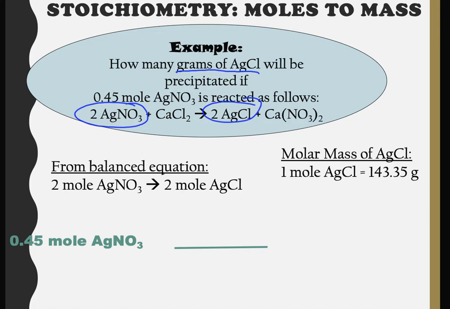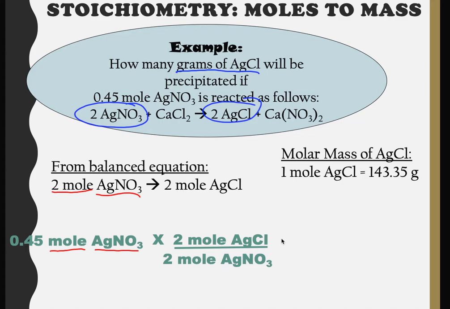So the unit is moles of silver nitrate, and so moles of silver nitrate, that's what's going to go on bottom. So then my moles of silver chloride go on top. Those units are going to cancel, and then I just continue playing the game.